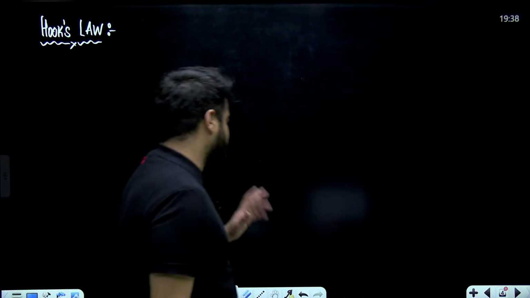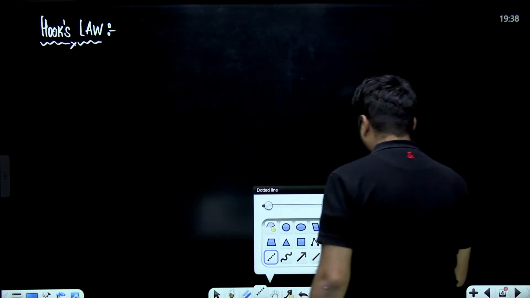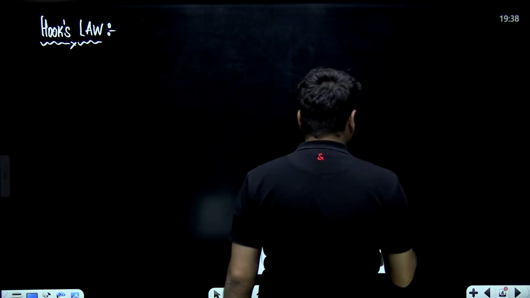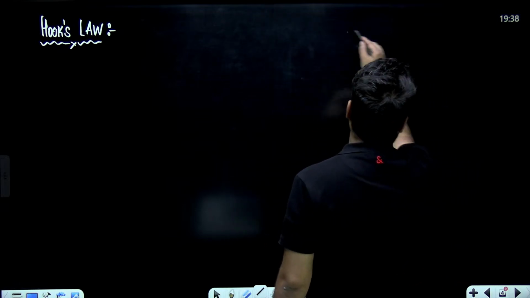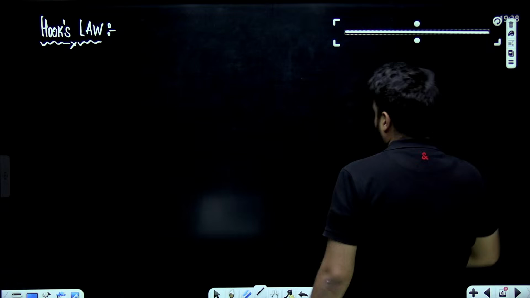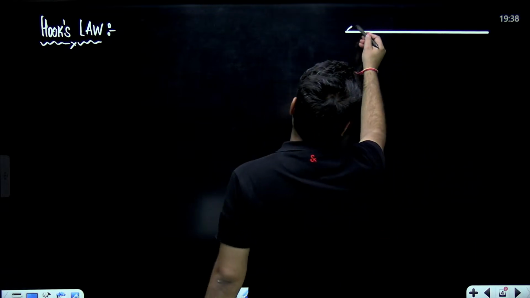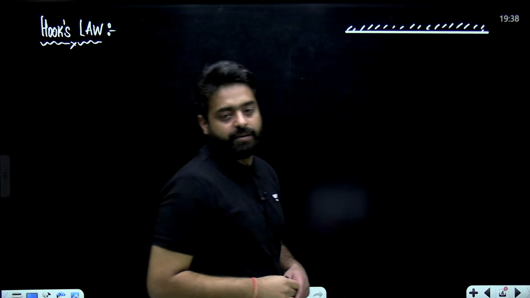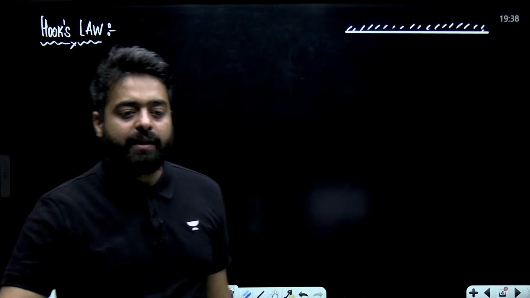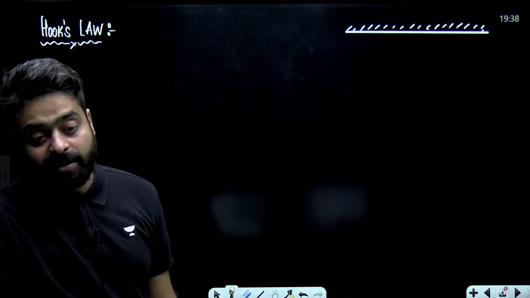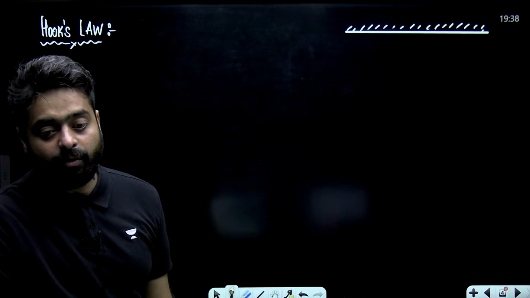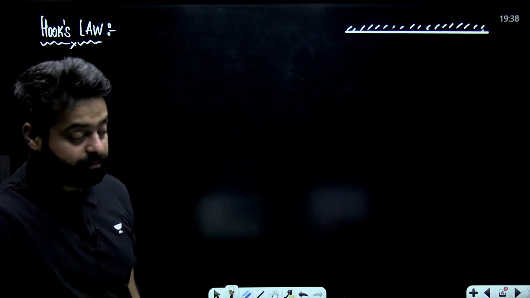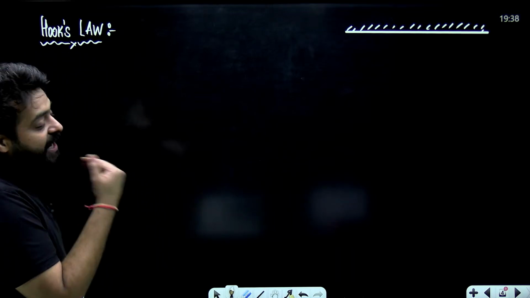What was the experiment? I'll show you that experiment, a very good experiment, and through it we can deduce that concept, because that concept is very important. We need to understand it from the very fundamental law. So it is derived from the experiment.